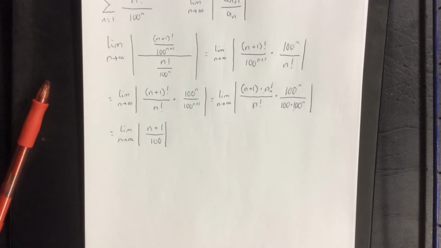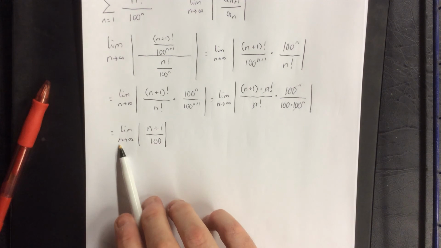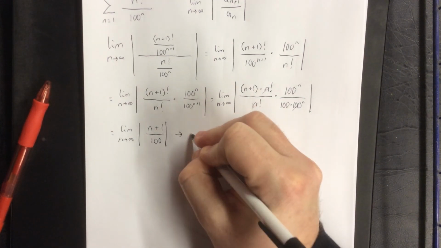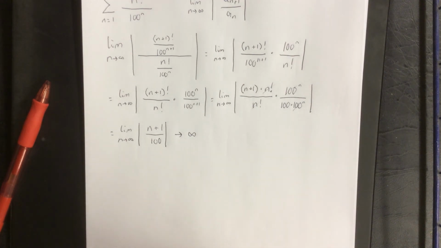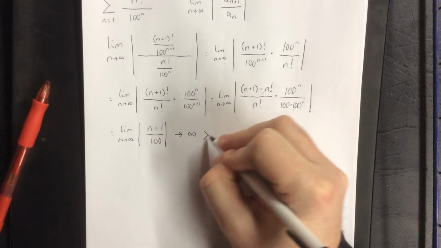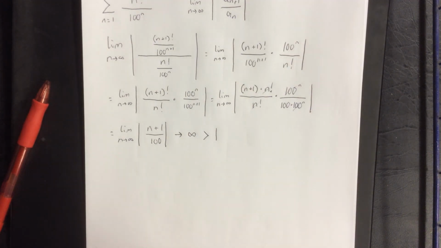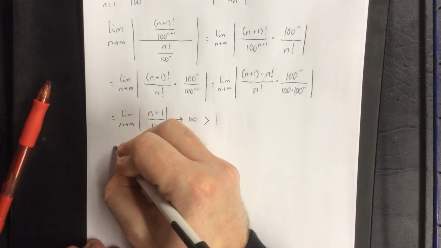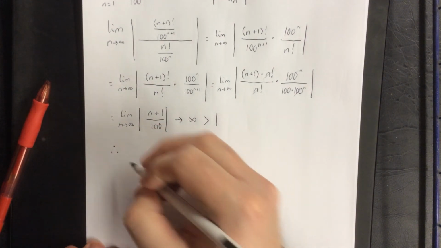Despite the fact that that 100 is a very big number, it pales in comparison to when n goes out to infinity. As a result, this limit tends toward infinity. And something that you should probably know about infinity is that infinity is greater than 1. The ratio test allows us to draw a conclusion due to the fact that infinity does happen to be bigger than 1.